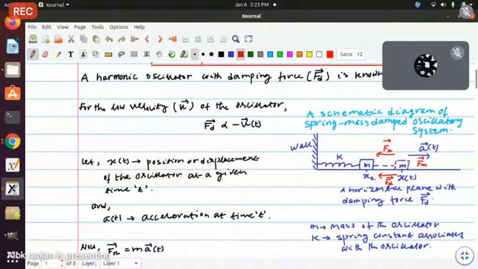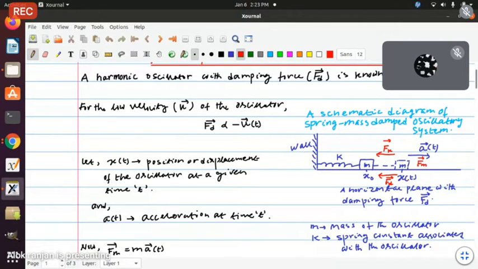As I said in the last class, whenever you use some notation or symbol, you have to explicitly mention it, otherwise it does not make sense. So x naught is the equilibrium or resting mean position, M is the mass of the oscillator, and K is the spring constant associated with the oscillator. Again, we disturb it from its mean position in order to get oscillation.